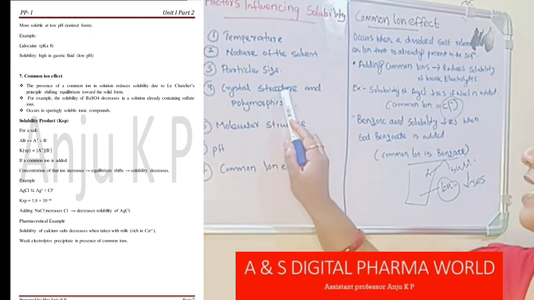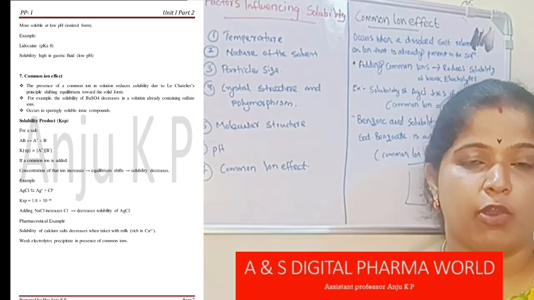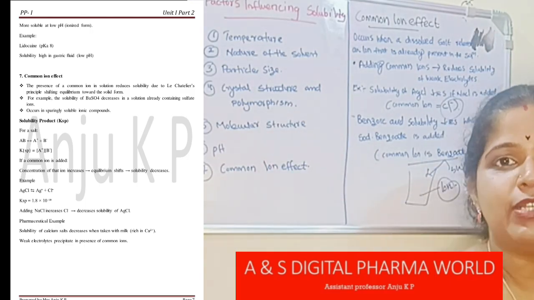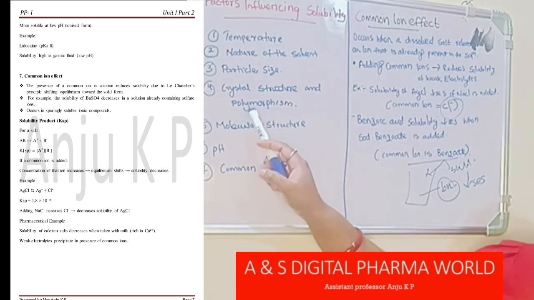Next one is crystal structure and polymorphism. We have amorphous as well as crystalline forms.